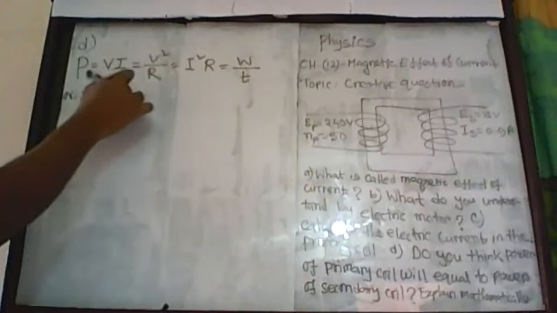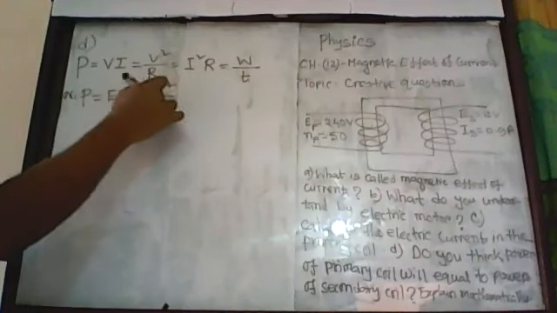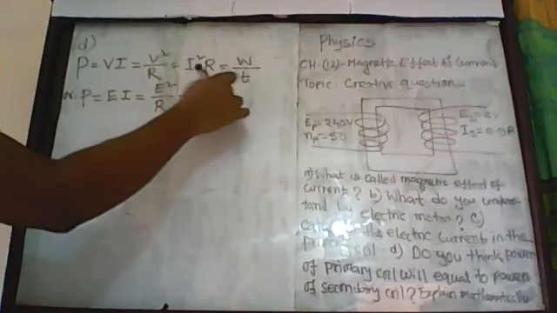Since voltage V is replaced by electromotive force, I can use electromotive force instead of voltage V. Then the formula of power P will be E into I, will equal E square divided by R, will equal I square into R, will equal W divided by T. So this is the more convenient formula that I use here.